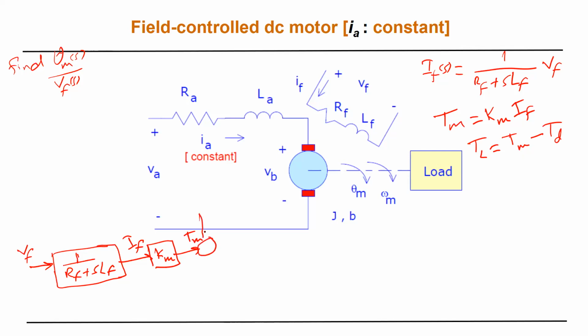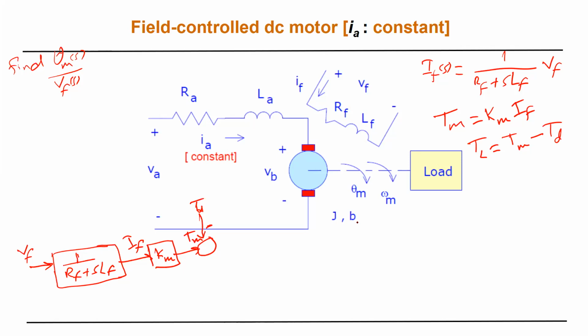Victor, does the disturbance here mean the friction? No. If you remember, we said, suppose this is a motor holding your antenna on the roof. The disturbance could be wind. So it's not the friction.